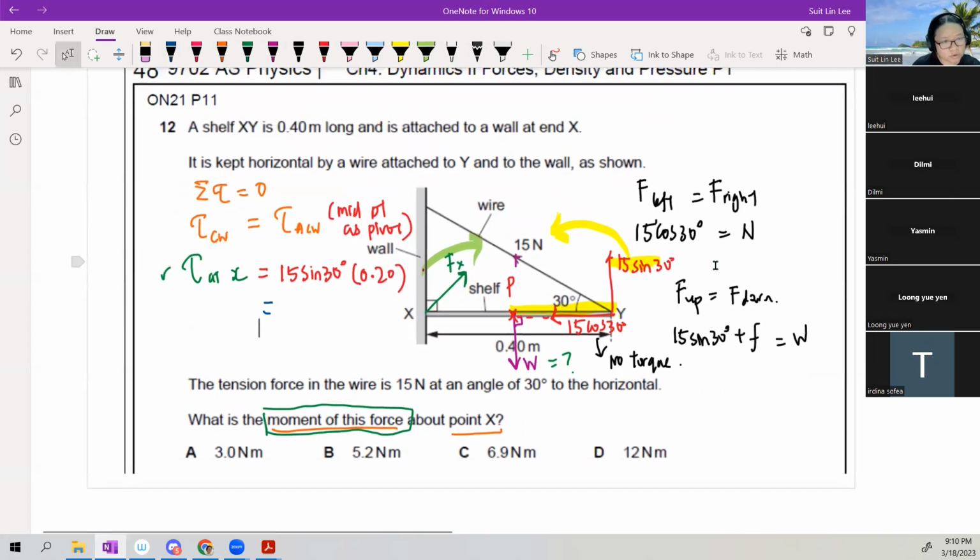So choosing the midpoint as the P. Did I resolve anything wrongly? One sec, let me dig up my own working. But the whole idea here is you actually don't need to know a lot of forces. And equilibrium question is always like a puzzle. One sec.